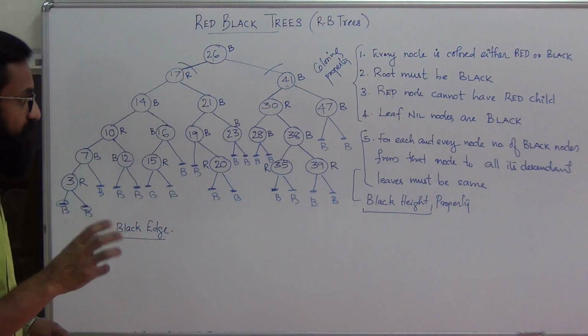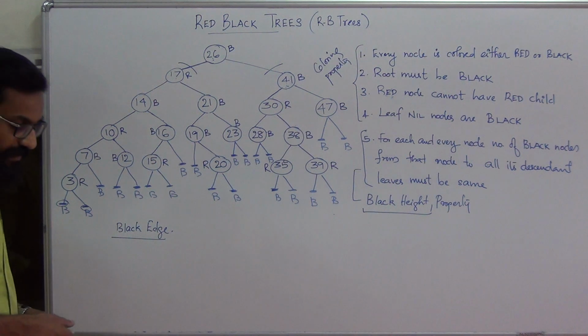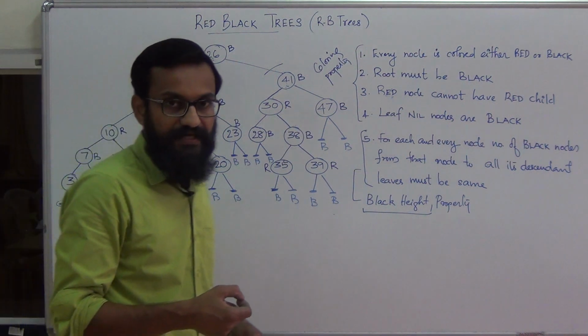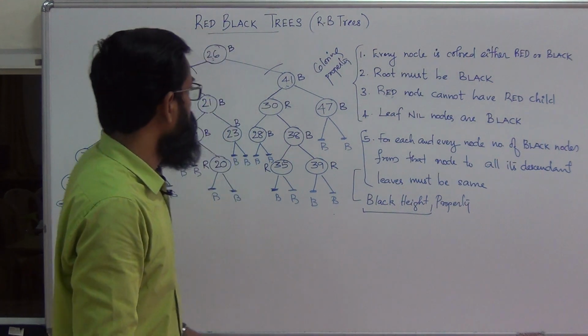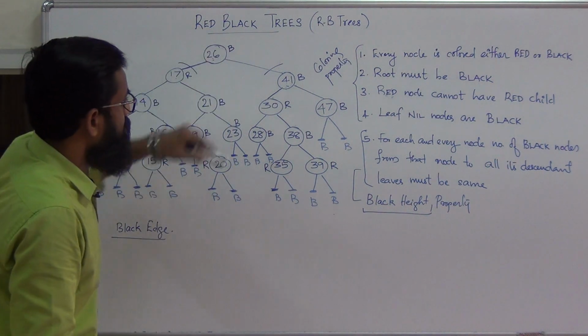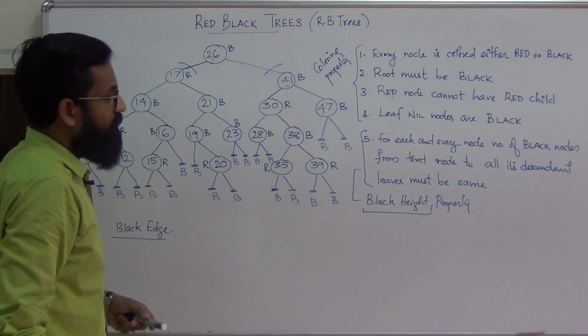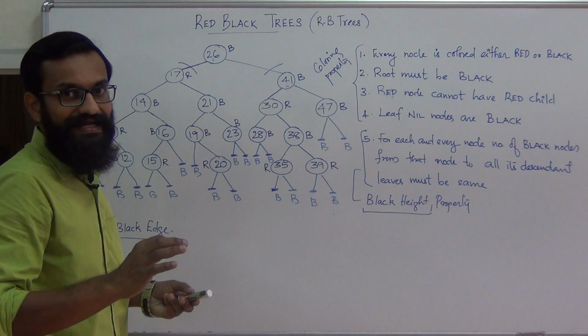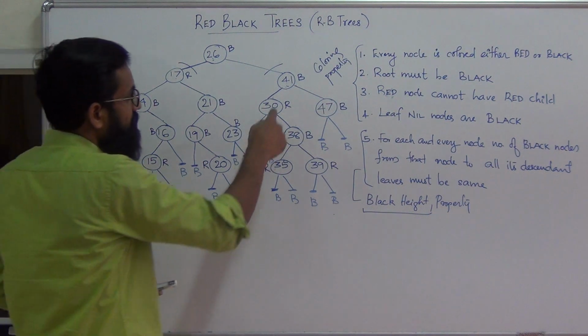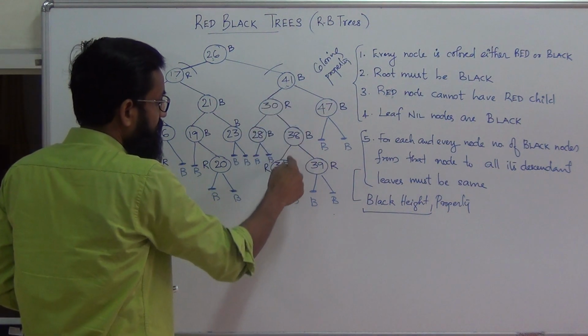Black height of a node is defined as the number of black edges in the path from that node to any one of its descendant leaves. So let us consider the black height of 41. You can take any path from 41 to a descendant leaf. Let us take the path 41, 30, 38, 35.